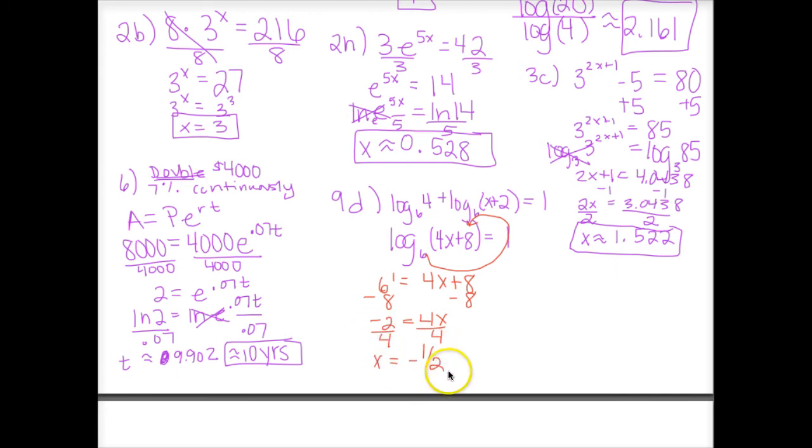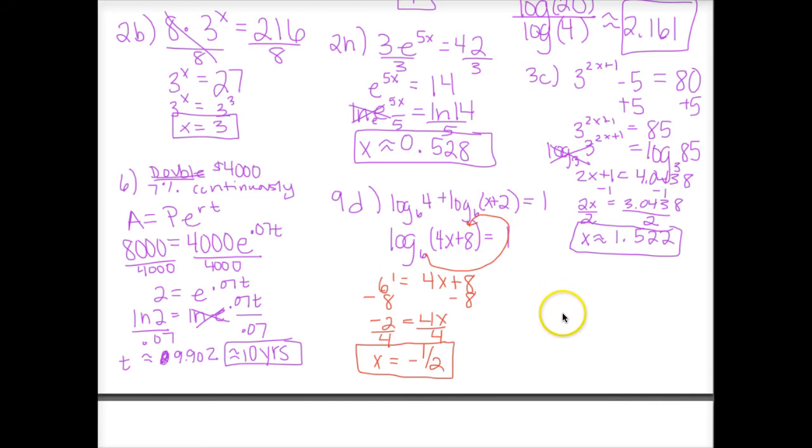Do not forget on these logarithms, you cannot take the log of a negative number. So make sure you plug it back in that it's not going to give you log of a negative. Negative 1/2 plus 2 is positive 1.5. So this one works out okay. But remember that you do have instances where you end up with extraneous solutions. So make sure you check it. So that's one type of logarithmic equation where you can get it to be a single log and then swoop.